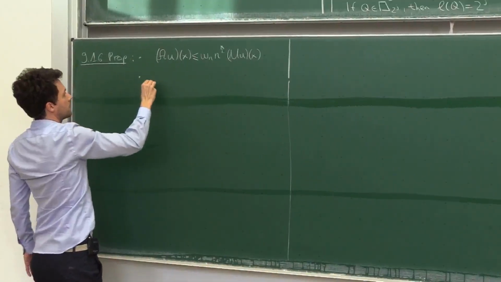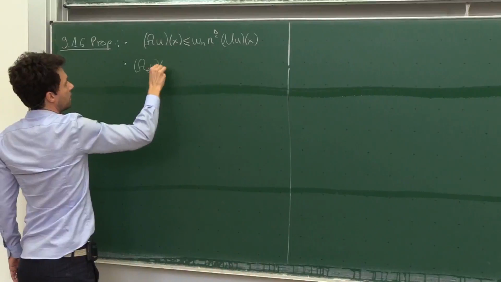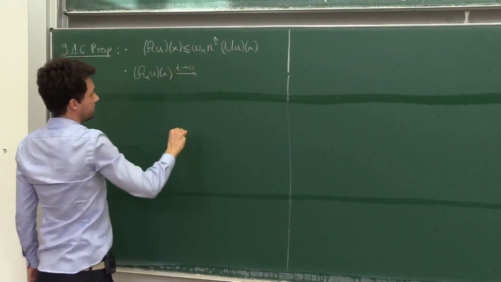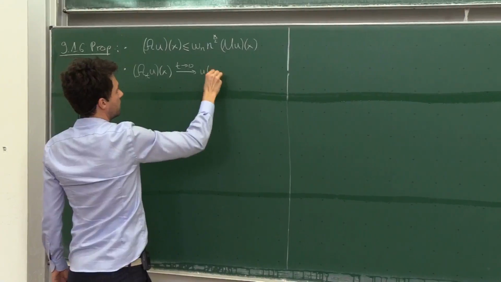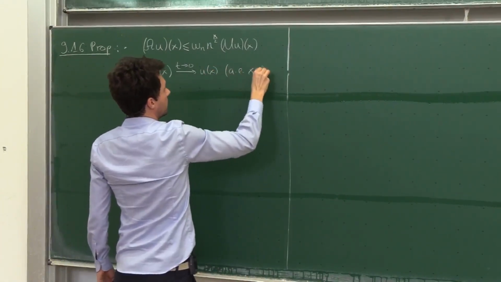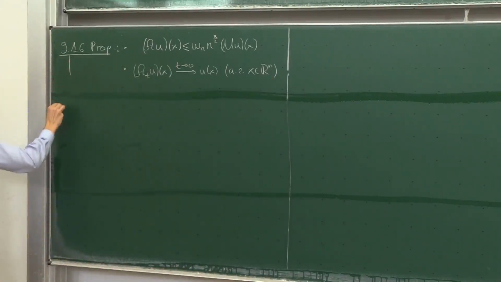And the other thing is that dyadic averages of u at scale t, as t goes to 0, are going to give you back u of x, and this is for almost every x in R^n. And of course u is a locally integrable function, as it is all the time.